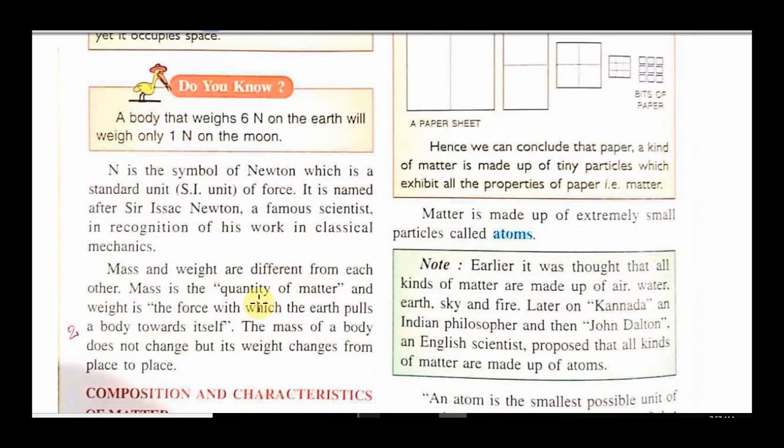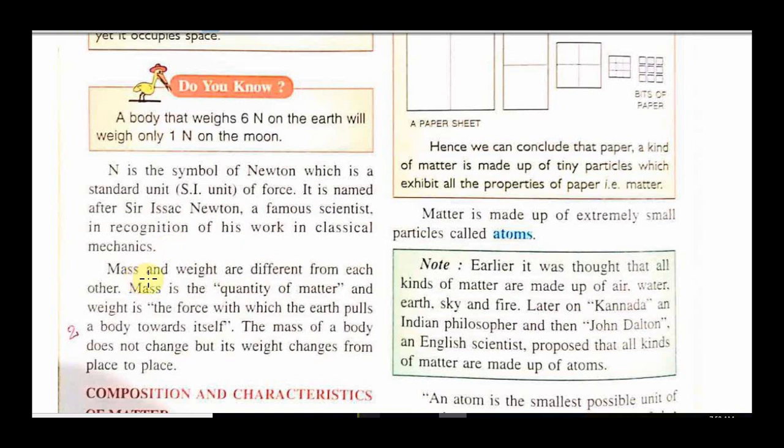Now why does this happen? Because the acceleration due to gravity on the moon is nearly 1/6 of the acceleration due to gravity on the Earth. N is the symbol of Newton, which is a standard unit of force or weight. It is named after Sir Isaac Newton, a famous scientist, in recognition of his work in classical mechanics, that is physics.